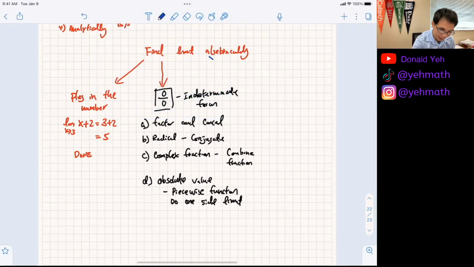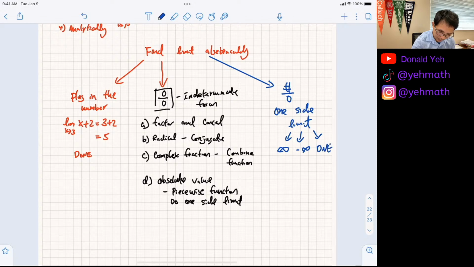The last one, we're not going to get to it. For the next couple days, it's going to be number over 0. Number over 0 is going to require you to do something called a one-sided limit. One-sided limit is going to be resolved with 3 situations: infinity, negative infinity, and does not exist.